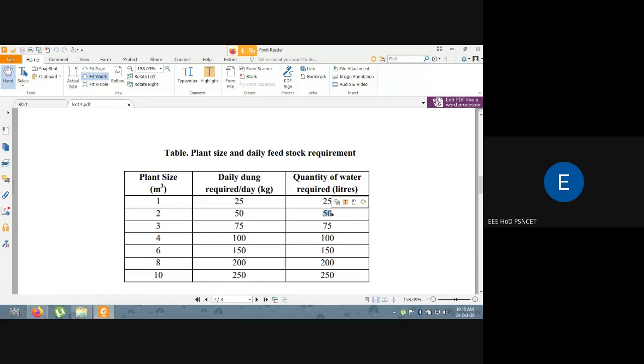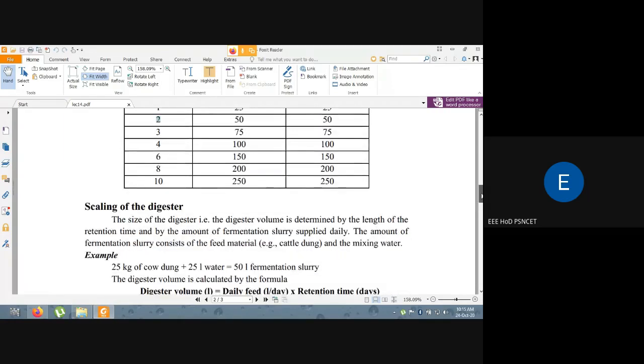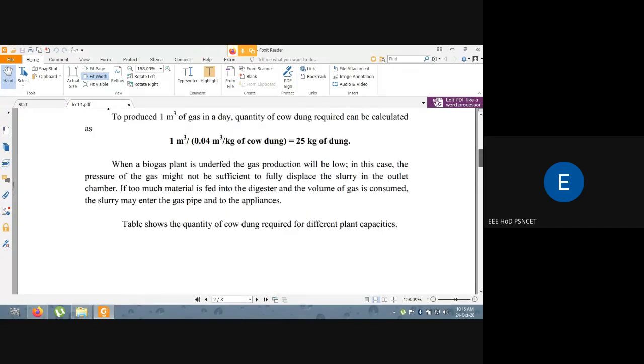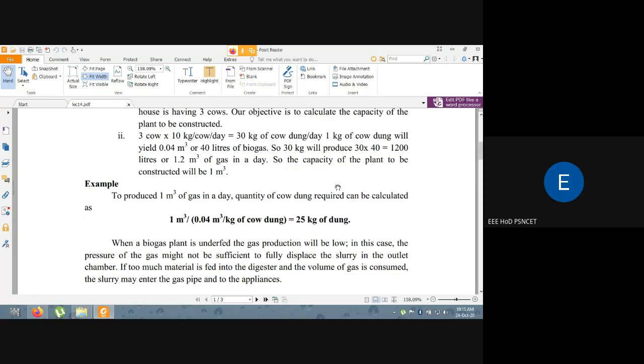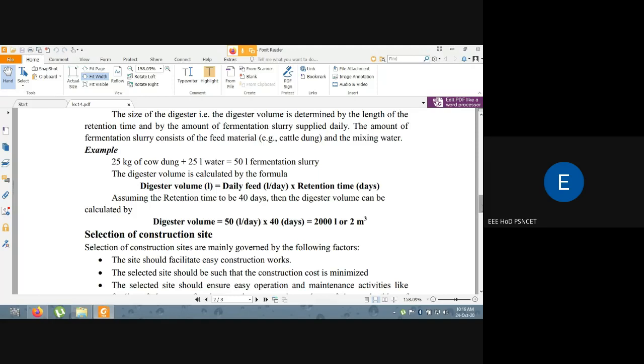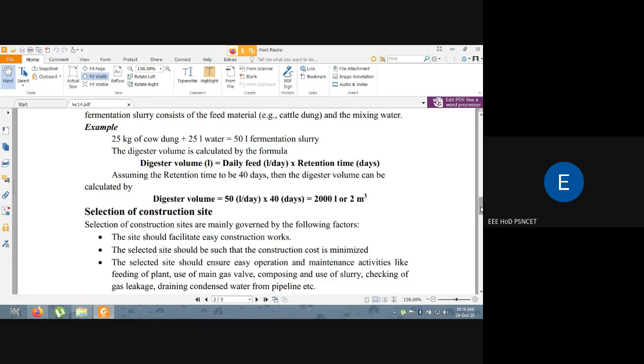In the next session we found 50 liters means 2 meter cube. So this is the reverse calculation. The main things are this 40 days and this 0.04 meter cube. This is the main concept to find out the size and the volume of this digestion chamber.